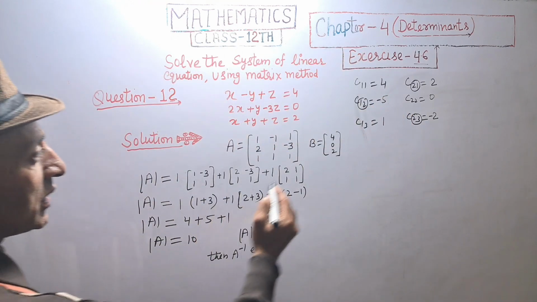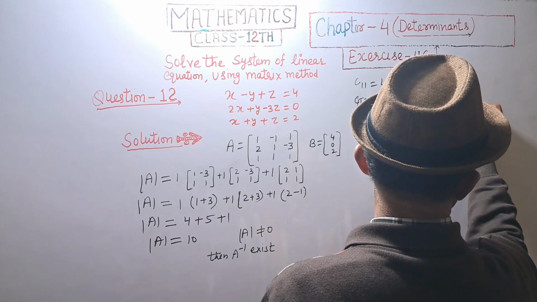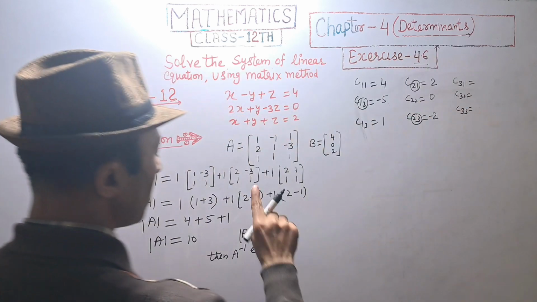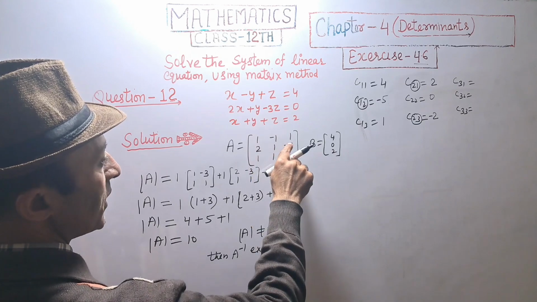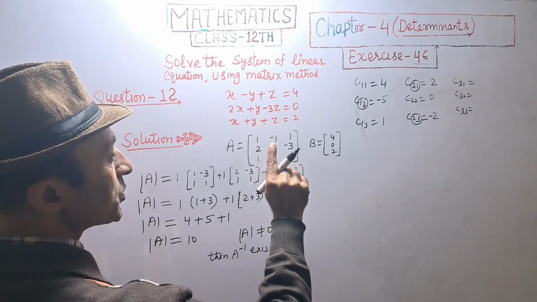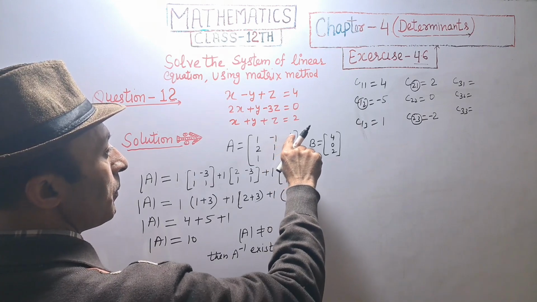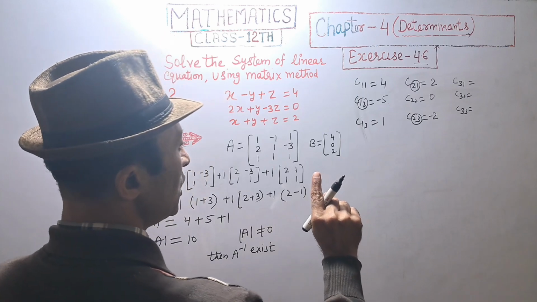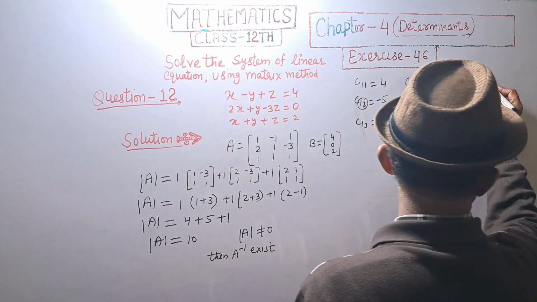And C31, C32, C33. C31 means third row, first column, -3 multiplied by -1, that is +3, +3 minus 1, that is +3 minus 1 is 2.